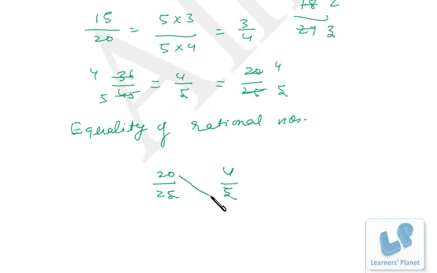So what I can do is go for cross multiplication. So 20 into 5, and here 25 into 4, right? So it's 100, and it is also 100. That means we are getting the same product in both cases. That means these two rational numbers are equal, right? So this is how we can prove the equality of rational numbers. Okay. And similarly, I would like to share one tip over here.